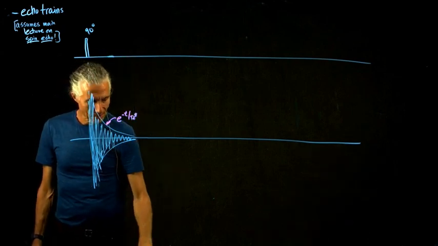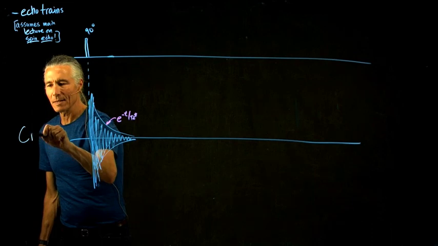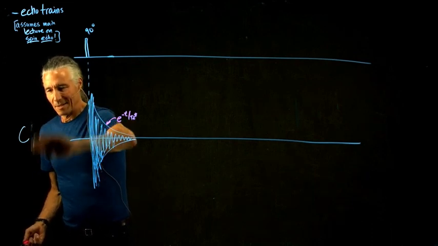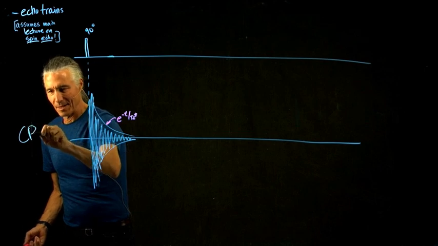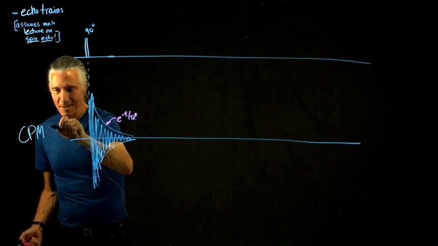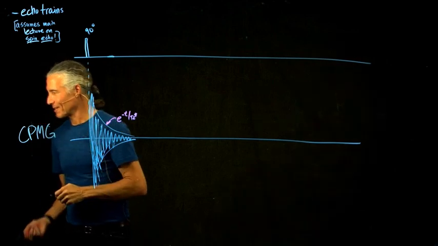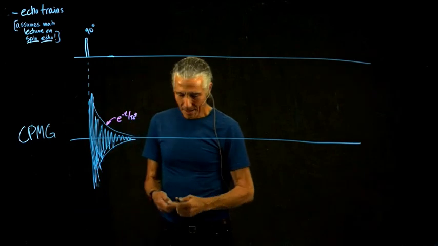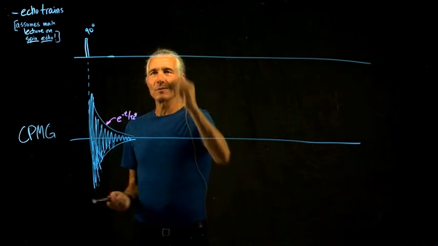And this pulse sequence recovers it. This pulse sequence is called a CPMG. Purcell was the P, Meiboom, and I can't remember who G was. It's 4 people. So then what we do is we do a 180.